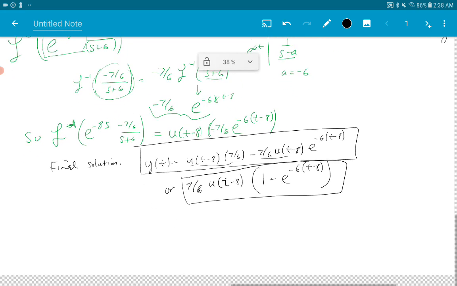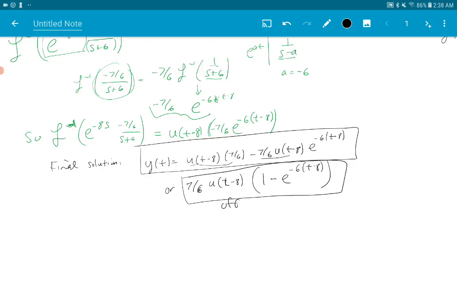If you want to know what this graph looks like, it's off. See how it has a step function in it? It shouldn't be surprising our solution has a step function in it. It's off until t equals 8, which makes perfect sense since the forcing function didn't start until t is 8. So let's say this is 2, 4, 6, 8. If I wanted to graph the solution, it would be 0 up until 8.